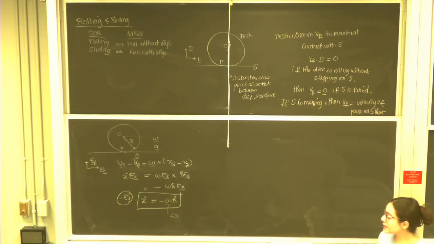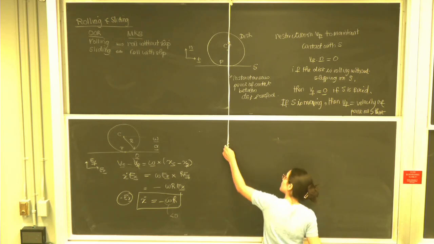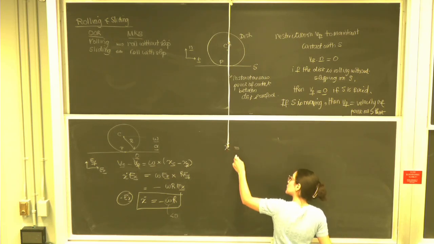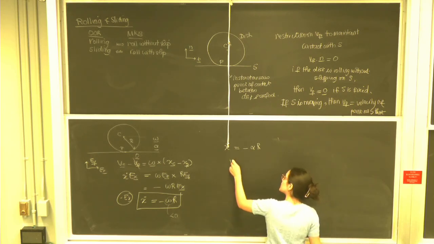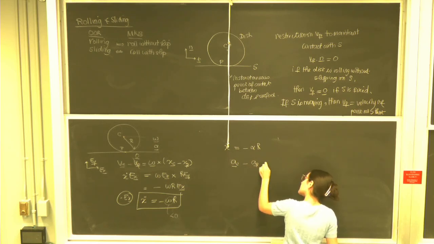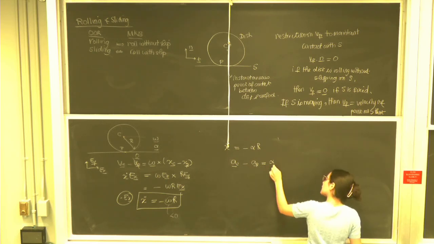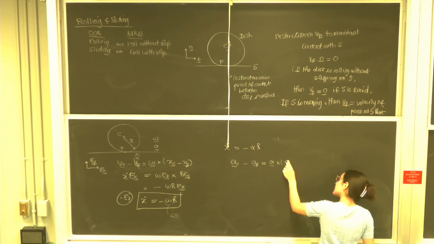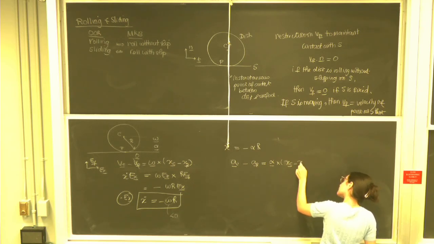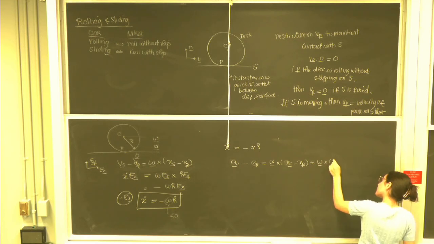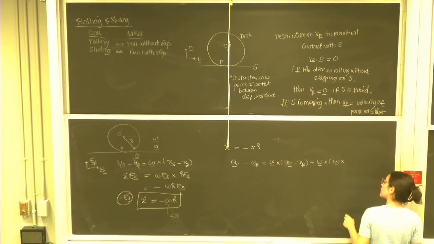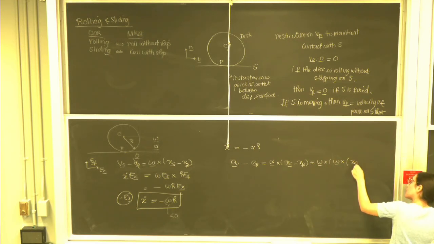Now I can take this expression and differentiate it, and I find x double dot is equal to minus alpha r. No problem differentiating a scalar equation. And then I can say that Ac minus Ap is alpha cross (Xc minus Xp) plus omega cross omega cross (Xc minus Xp).